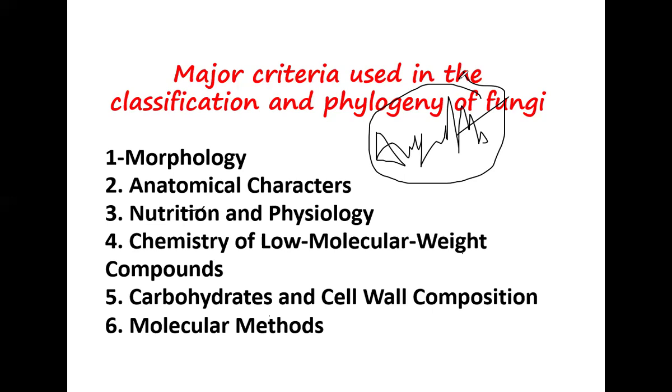Synnema, Sporodochium, Acervulus, Pycnidium. In competitive exams they ask the question, which among these is the asexual fructification, the asexual fruiting body? What are those four? Synnema, Sporodochium, Acervulus, and Pycnidium.